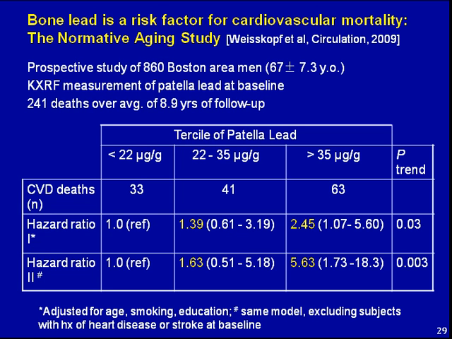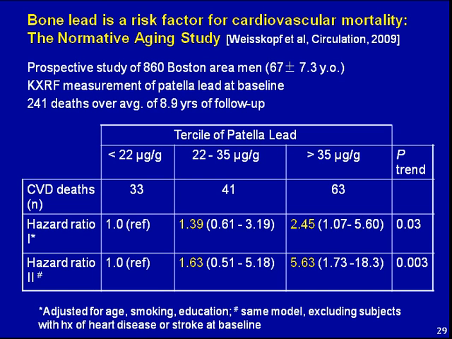Another study that just recently got published in Circulation, and this appeared in print 3 months ago, followed up on the normative aging study, which I referred to earlier. Here they looked at how bone lead measurements predicted death over approximately a 9-year period of follow-up in individuals who were in the cohort study I mentioned earlier, the normative aging study, in which a relationship between lead and blood pressure was shown.